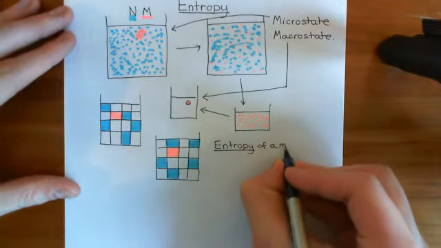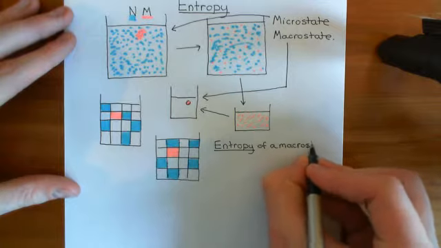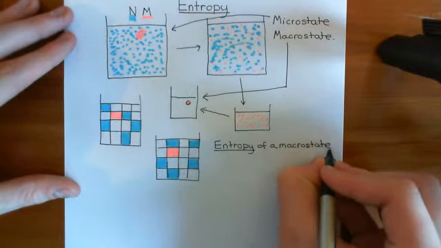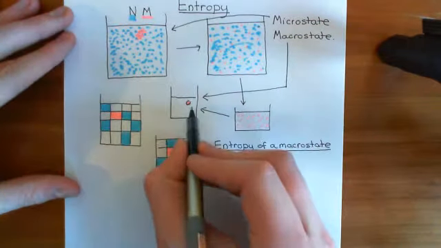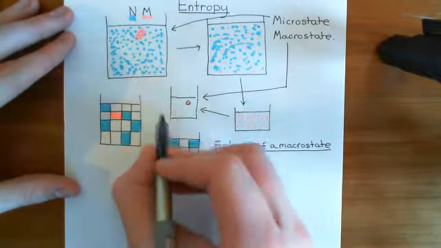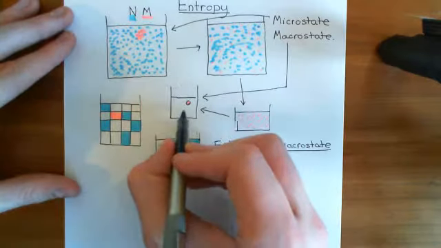Entropy of a macrostate basically means the number of microstates which, if you looked at them as a human, that is, if you look at what their macrostate looks like, would look like this.